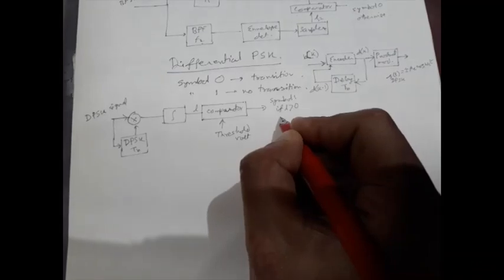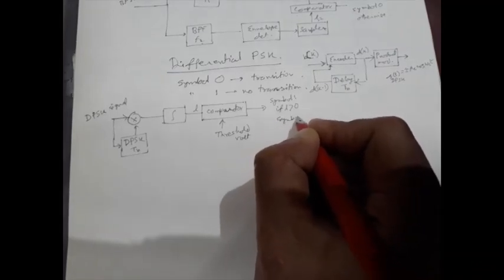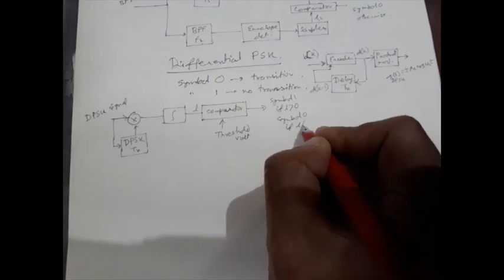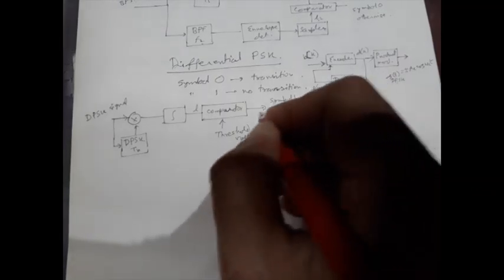Obviously the threshold voltage may be 0, and symbol 0 if L is less than 0.